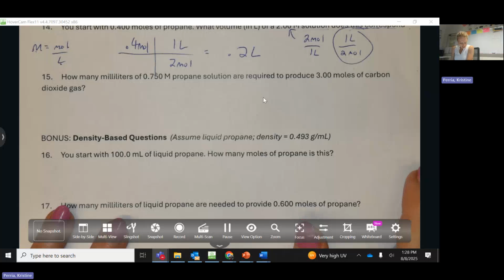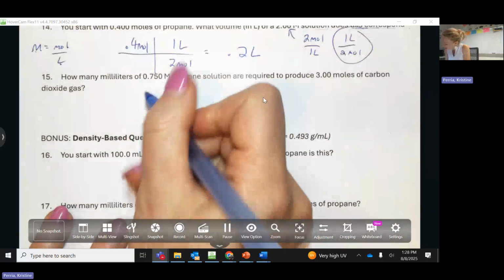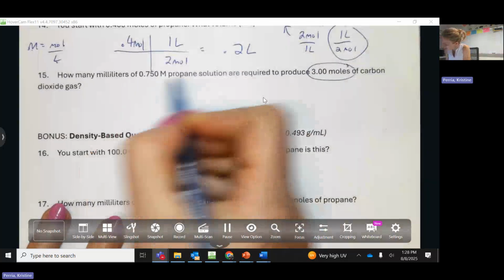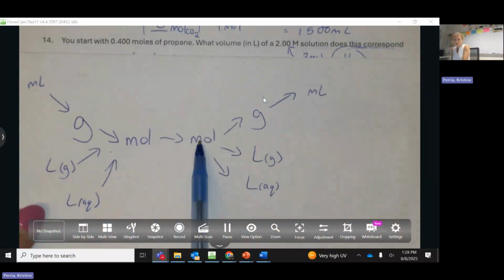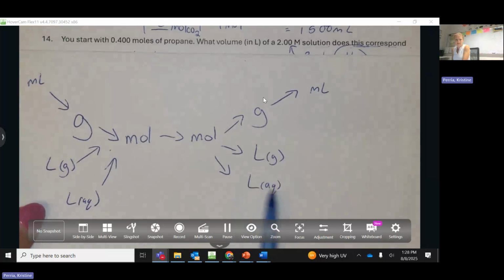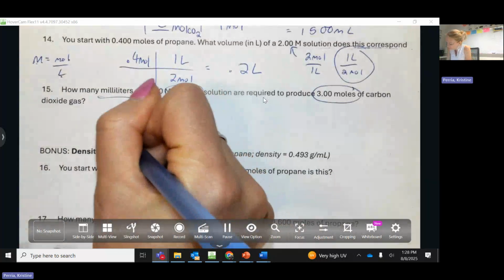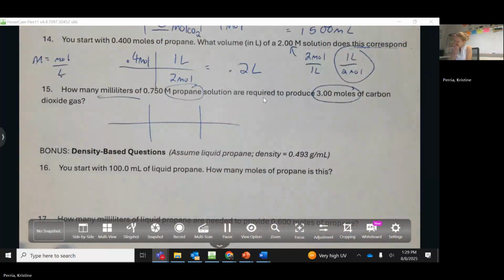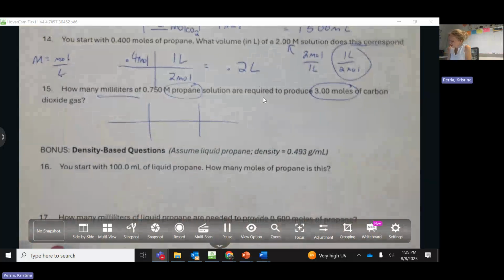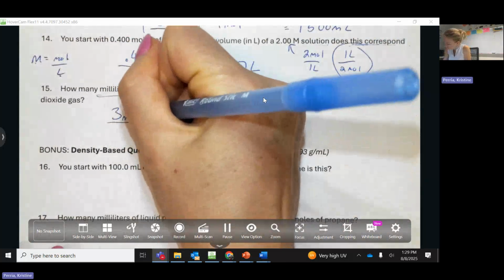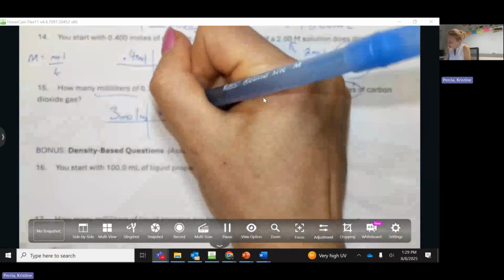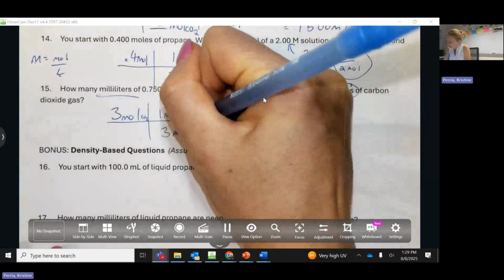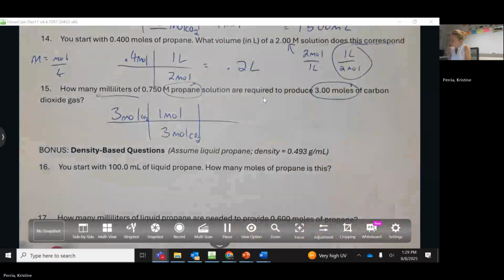Okay. Last one, number 15. So you're starting with moles of one compound and you're going to milliliters of a different compound. So if you look on your chart here, you're going 1, 2, 3, and I'm going to aqueous because I'm given a molarity. And this one is going to be 3 moles, okay, and that's CO2. And then I'm going to propane, so I know I have 1 mole of propane for every 3 moles of CO2.